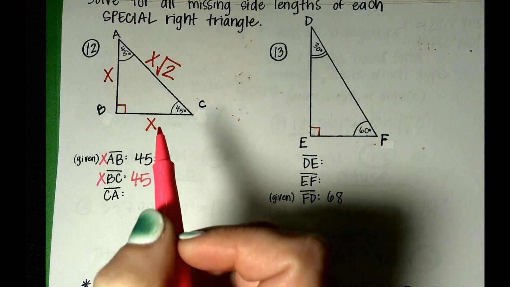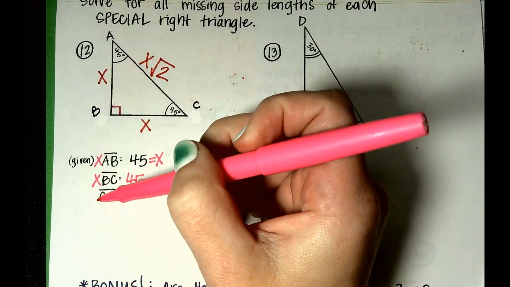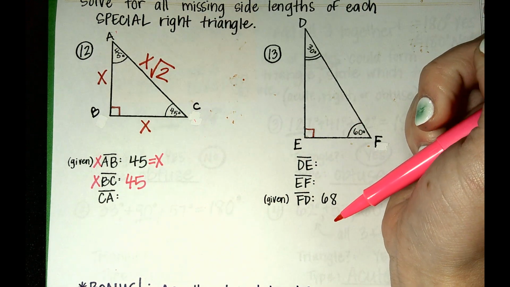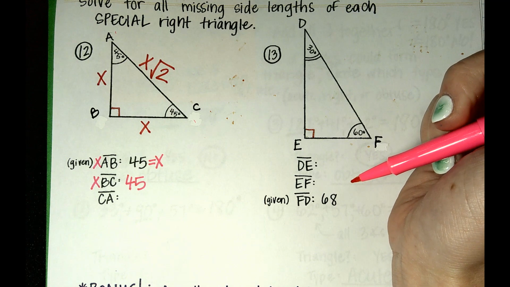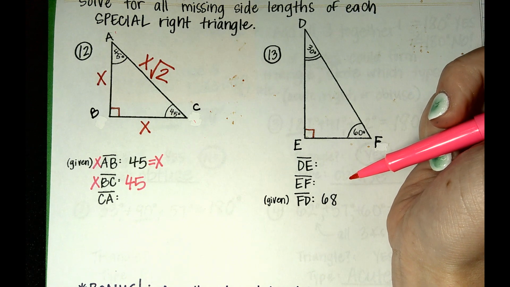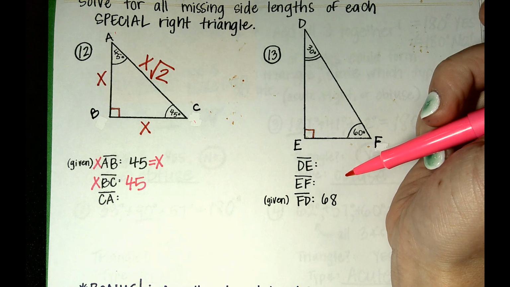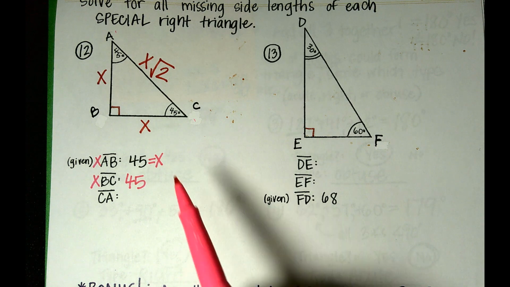Okay? So, how would I find CA or AC? Is this where you're going to... That's a 90-degree angle. Go ahead, Amanda. x radical 2 equals 45 and then divide it? So we do that when we're solving for x. But do we know what x is yet? We do know what x is. X is 45.